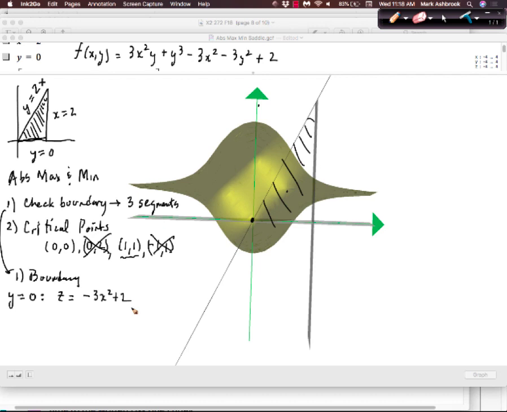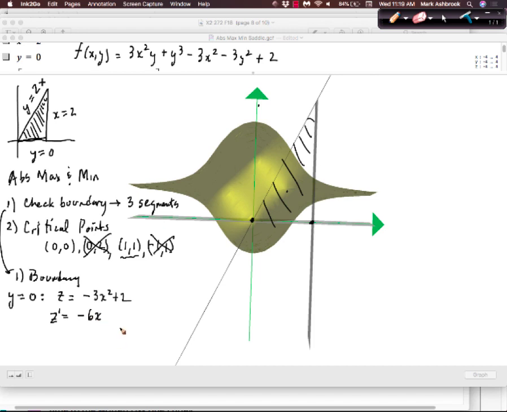All right. So z equals minus 3x squared plus 2 is going to be the trace along that surface at y equals 0. And so this is like a mini optimization problem. We've got to look at the endpoints and any critical points along there. So how do we get any critical points? We're going to have to take the derivative. So z prime equals minus 6x.